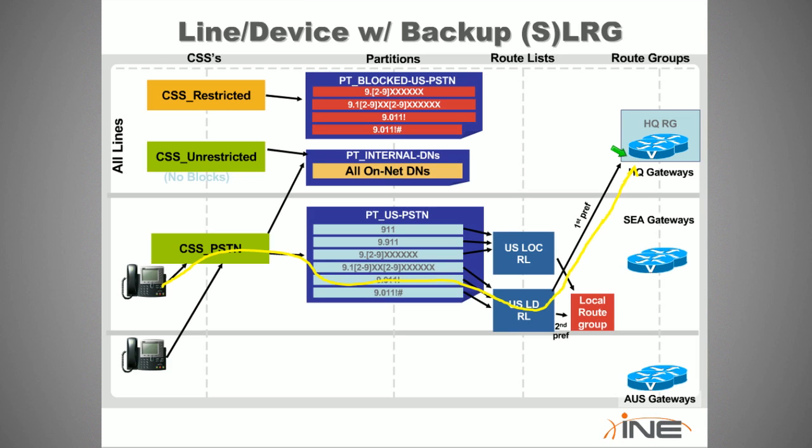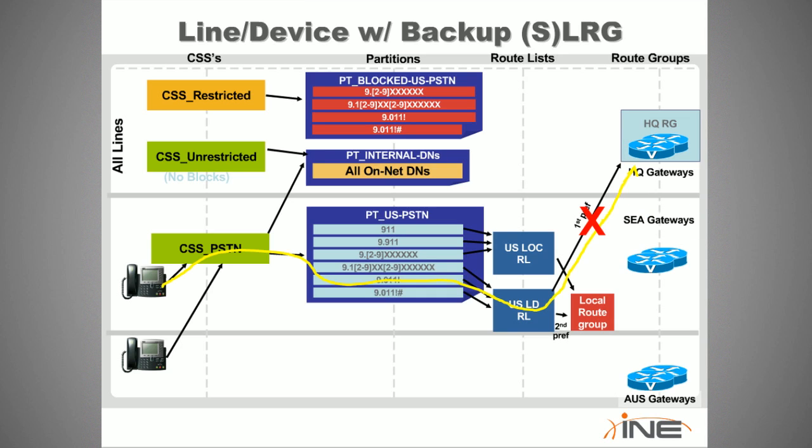But if that set of gateways is available for long distance and international calls, they're always going to route to those headquarter gateways first. Maybe our headquarter is Seattle, who knows? But our headquarter has 12 PRIs and we've got some great rates negotiated with the carrier. So we want all calls to route across the WAN out here first.